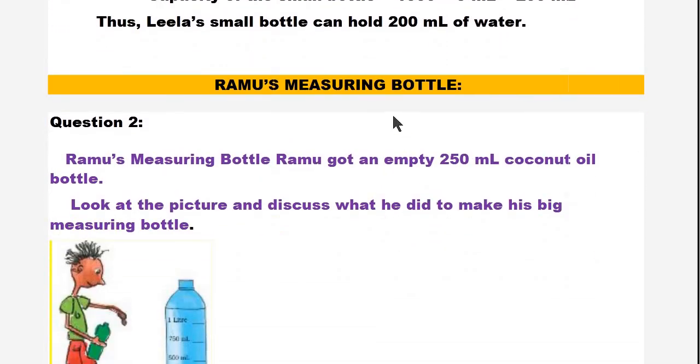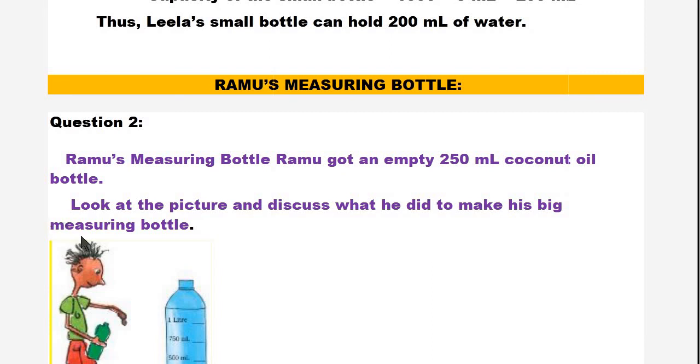Now Ramu's measuring bottle. Question number 2. Ramu got an empty 250 ml coconut oil bottle. Look at the picture and discuss what he did to make his big measuring bottle.